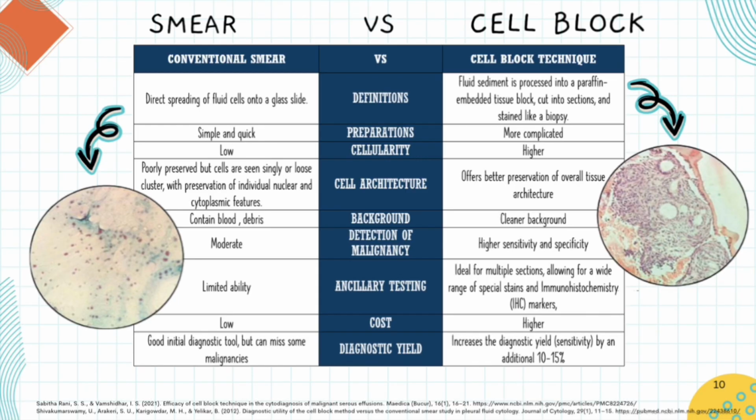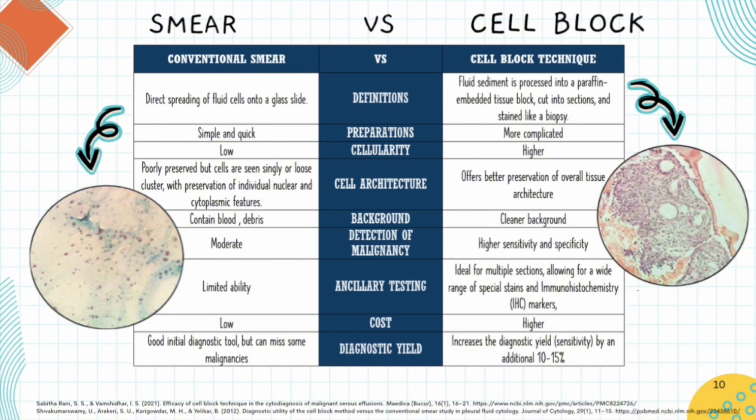Conventional smear involves directly spreading centrifuged fluid cells onto a glass slide for microscopic examination. It is simple, rapid, and cost-effective, making it suitable for routine screening and providing an early indication of malignancies. However, conventional smears often show low cellularity due to cell loss during preparation.